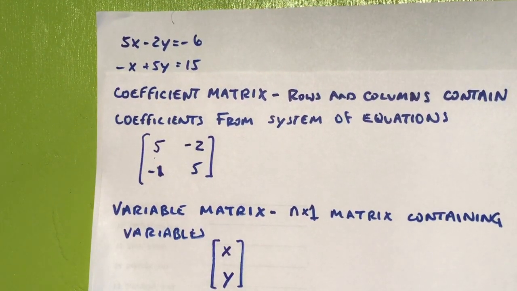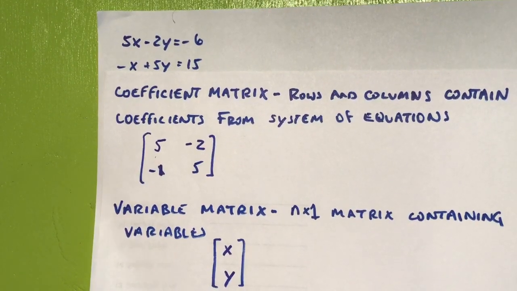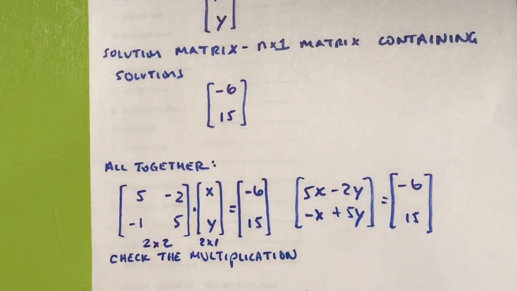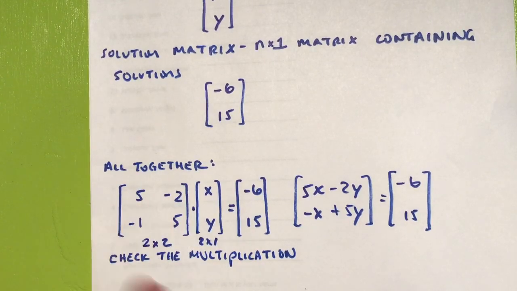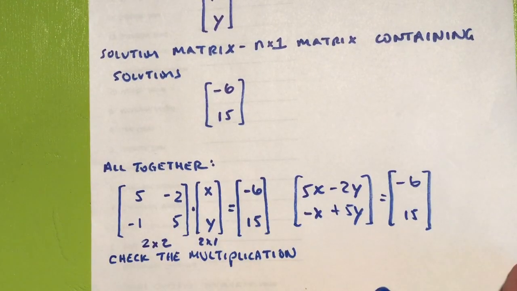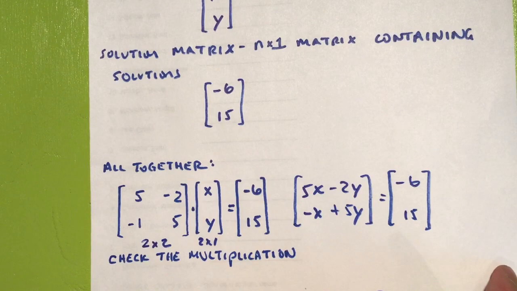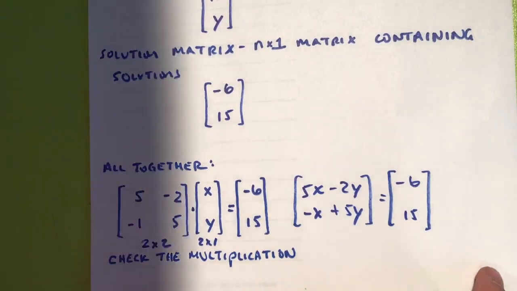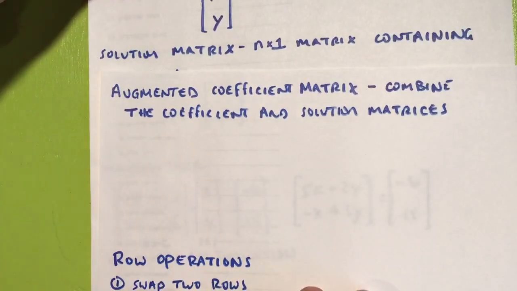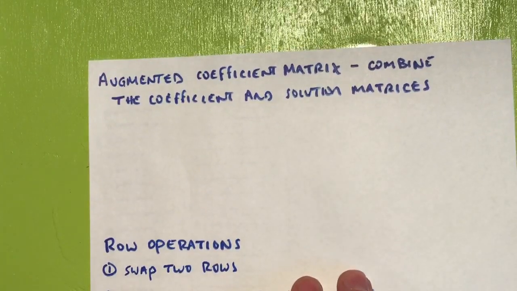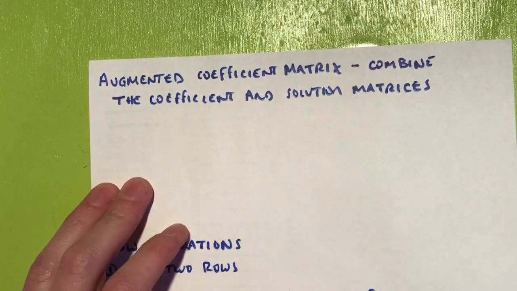Now what we're actually going to do as a means of solving this, we're going to stitch together, combine our coefficient matrix with our solution matrix into what we call an augmented coefficient matrix. We combine the coefficient and solution matrices.